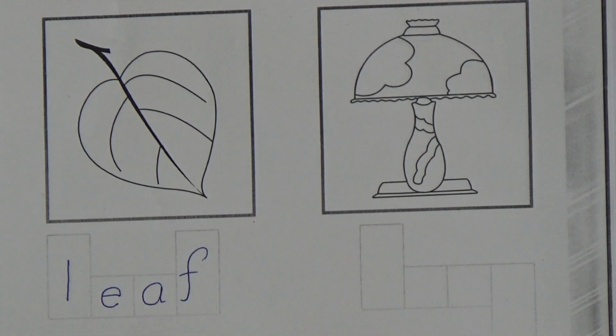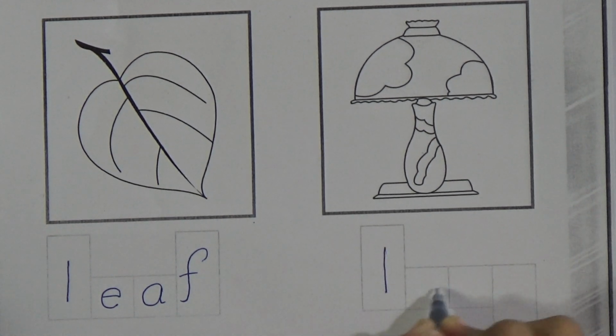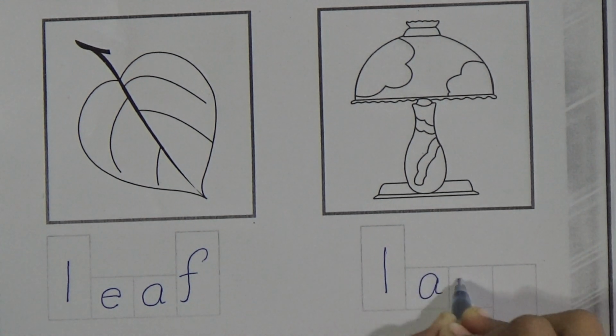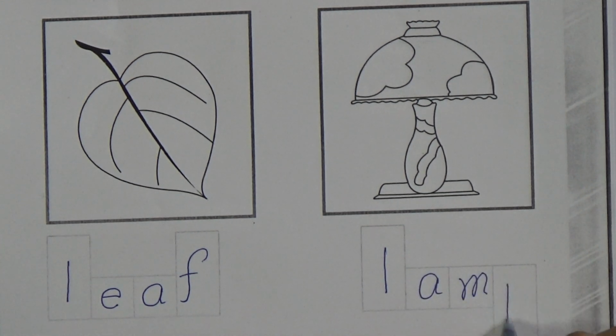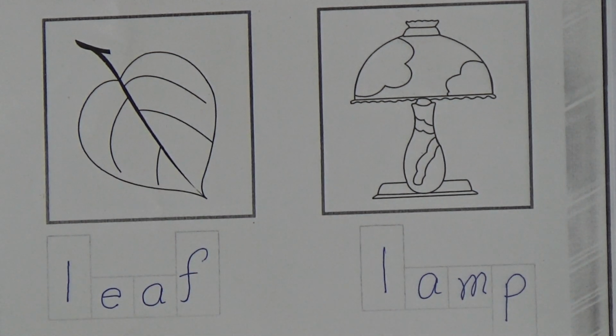L-E-A-F, leaf. Now what is this? This is the picture of a lamp. L-A-M-P, lamp. So L for lion, leaf, lamp.